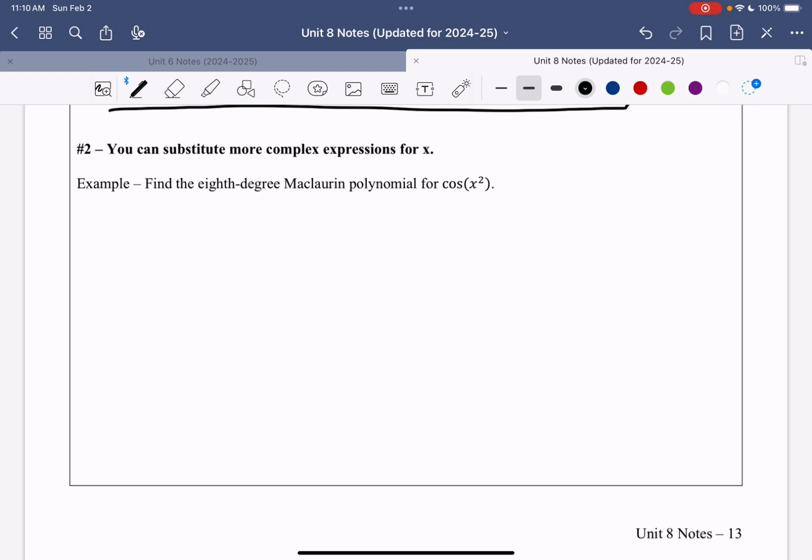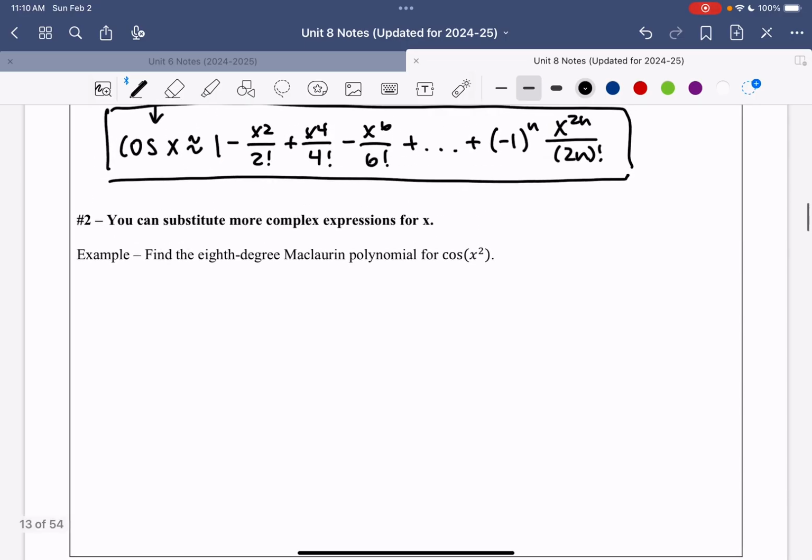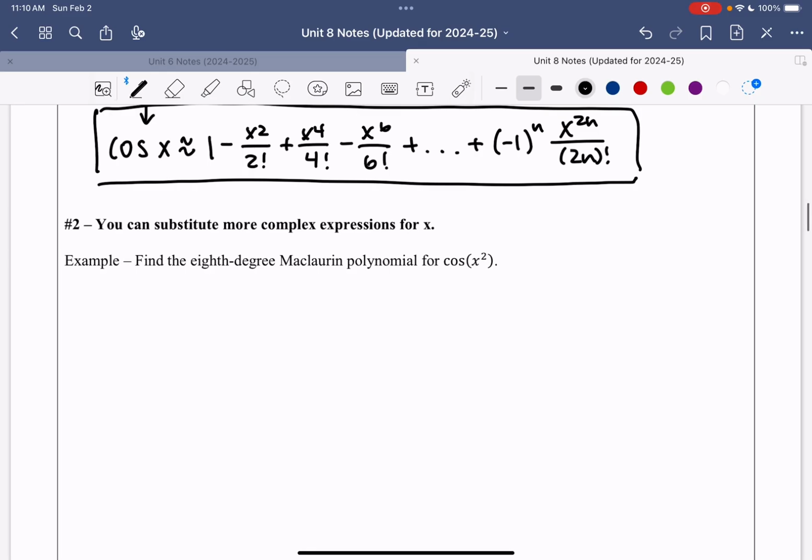So in our example, we're going to find the 8th degree Maclaurin polynomial for cosine x squared. We just figure out what cosine x is, but to find cosine of x squared, all I'm really doing is replacing the variable of cosine with an x squared term.